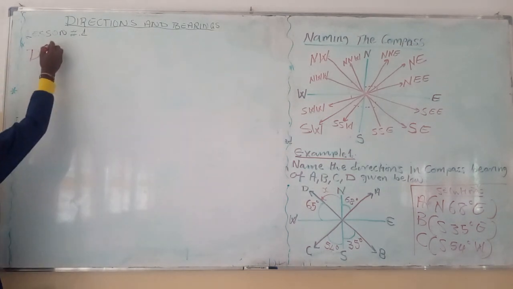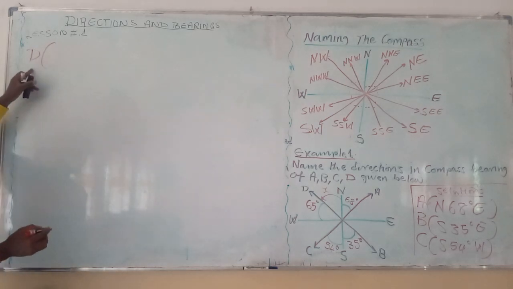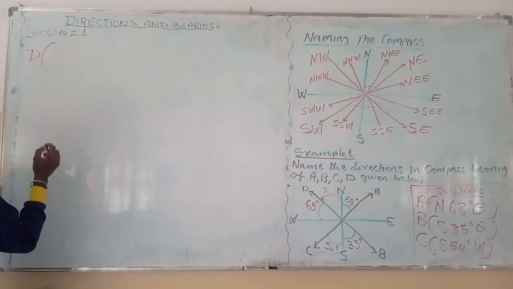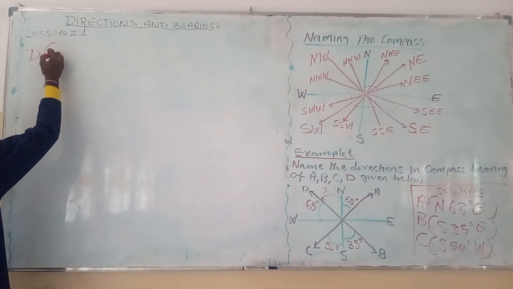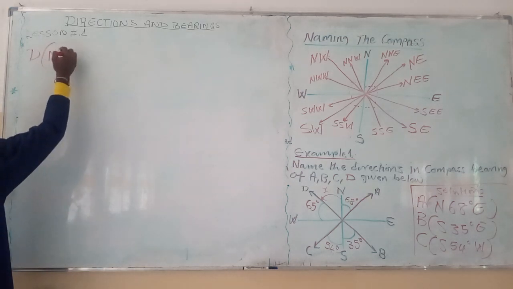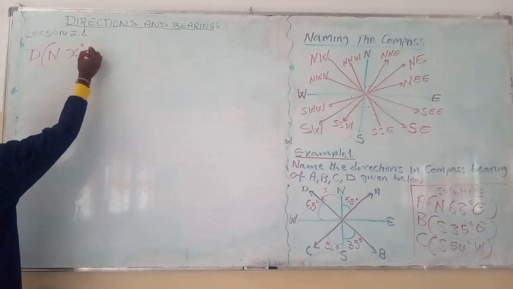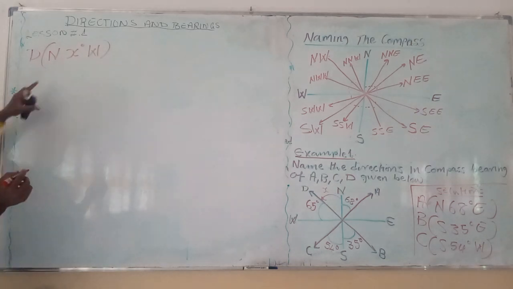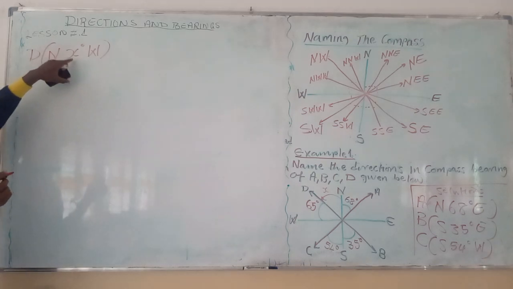You just put the enclosed brackets. We need to name D. D is north X degrees west. That is D. So now we need to find X and replace it.